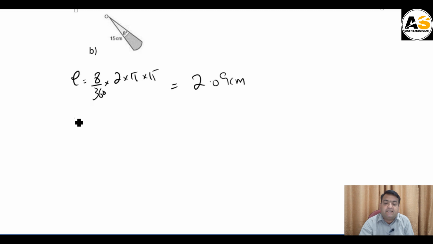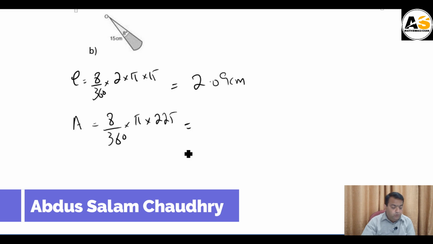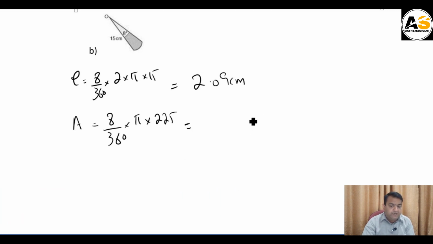And area of sector will be 8 over 360 into pi r square. R is 15. 15 square will be 225. Upon simplification, you will get its area 15.7 centimeter square. I am just taking the values up to 3 significant figures. I hope this is clear.